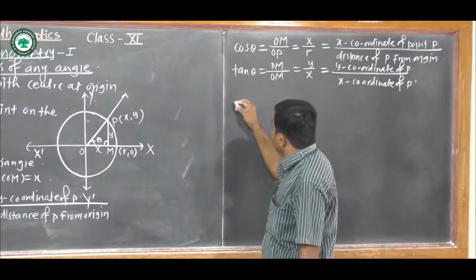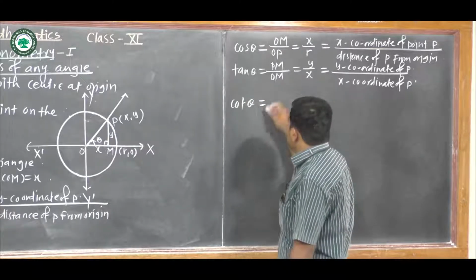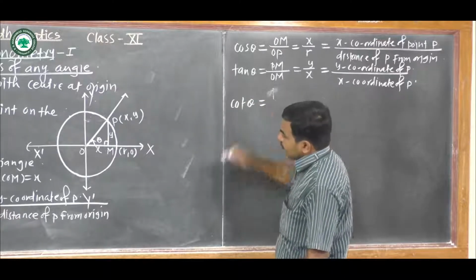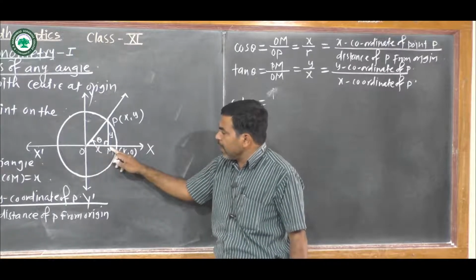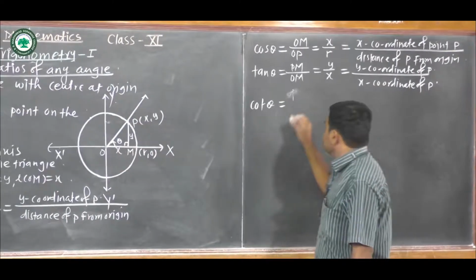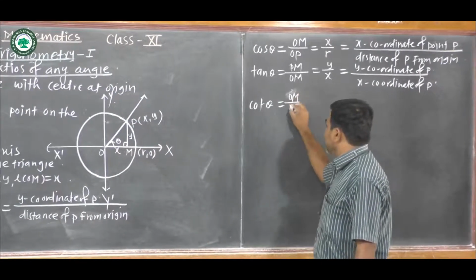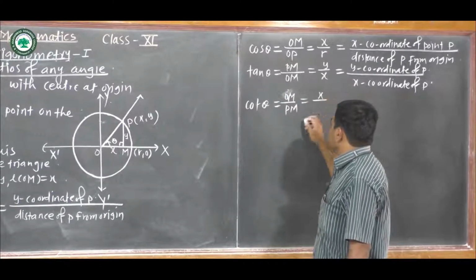Similarly, cot of theta is equal to adjacent side divided by opposite side. What is adjacent side here? Adjacent side is OM, and opposite side is PM. So it is equal to OM divided by PM. Now OM is x and PM is y.